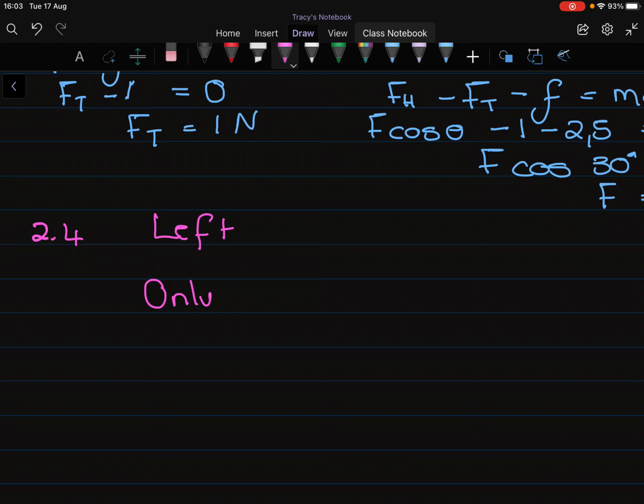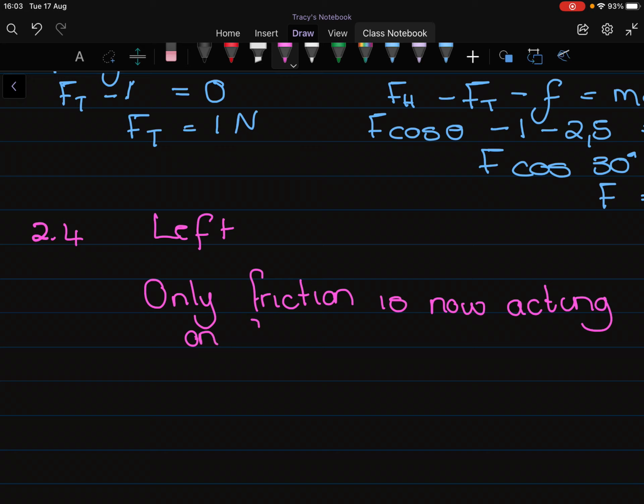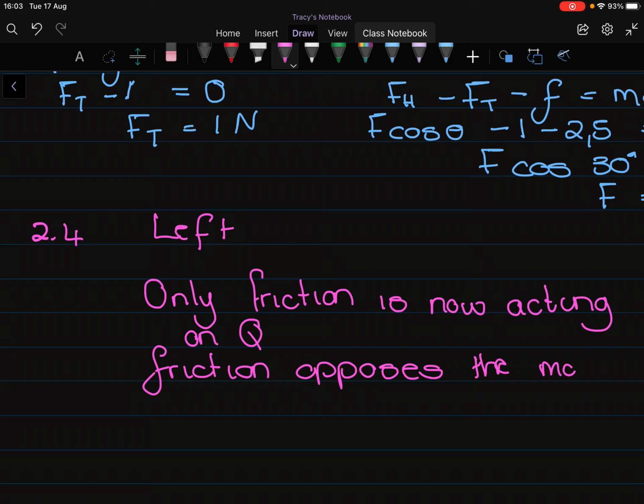Only friction is now acting on Q. Friction opposes the motion of Q to the right.